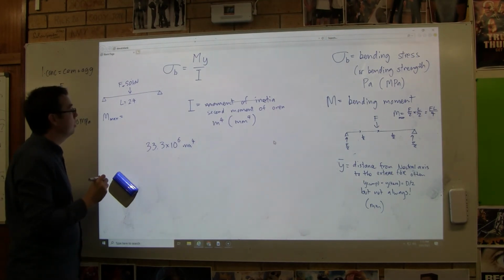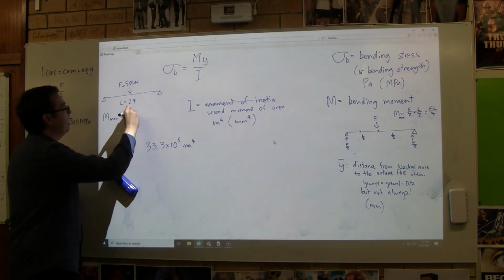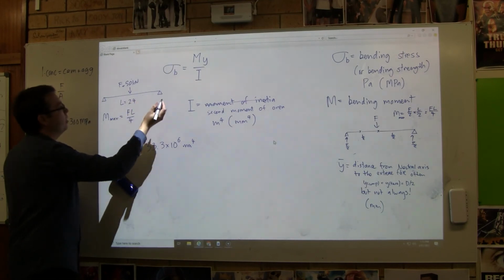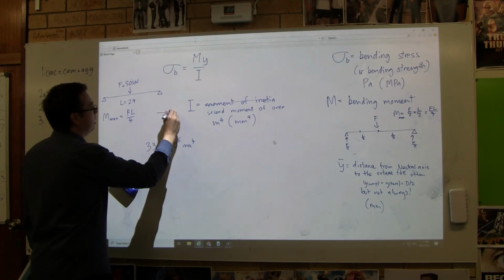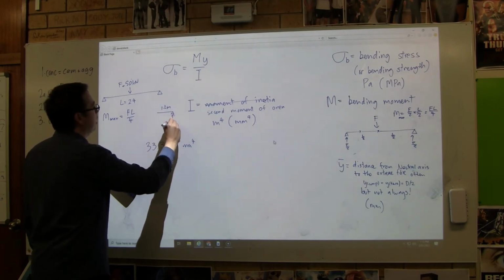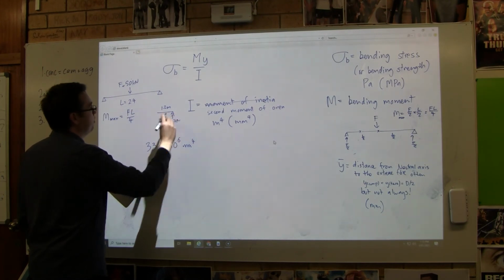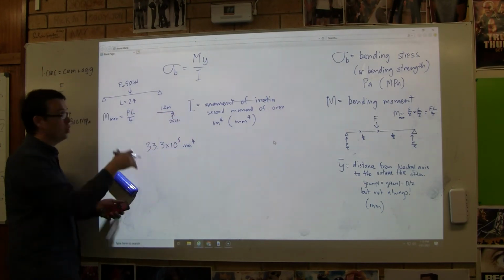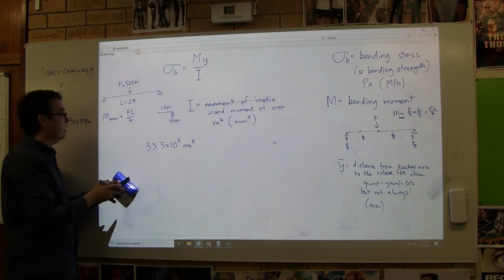FL on 4. Just to prove that, it would be that distance, 1.2 meters times 25 kilonewtons. So that should be the same thing, right? Let's see the answer we get.